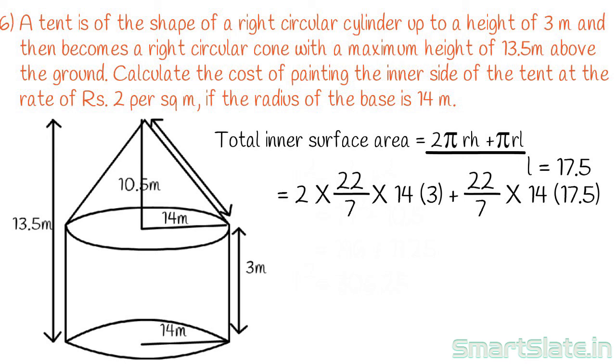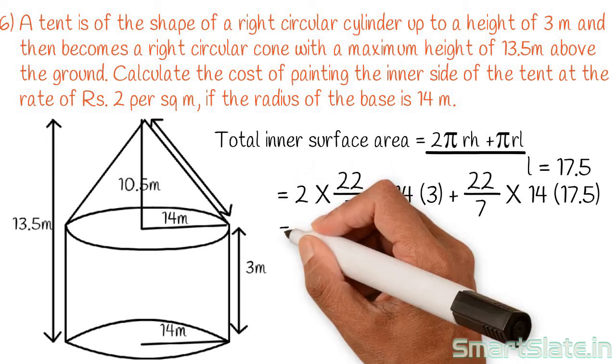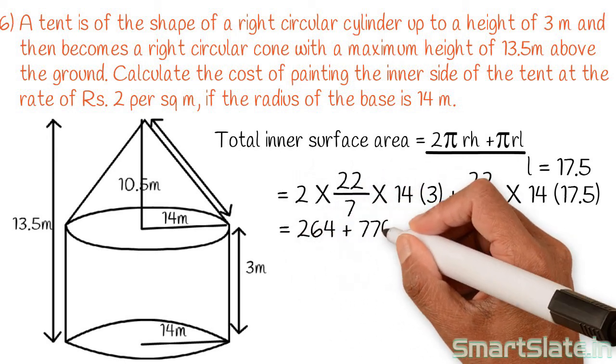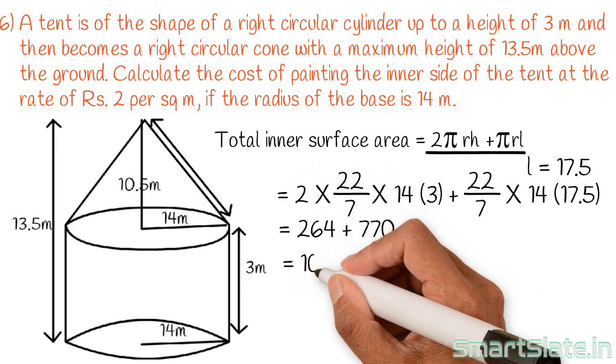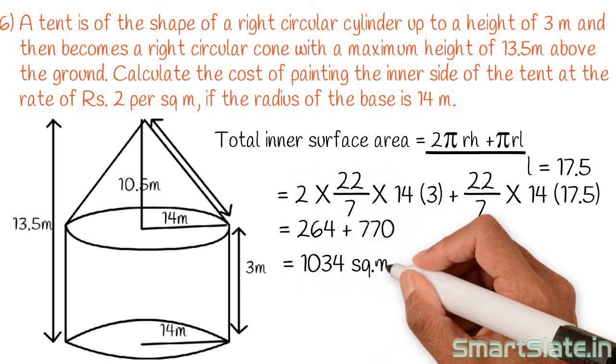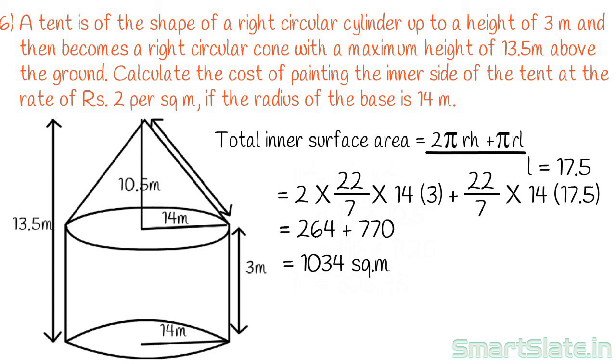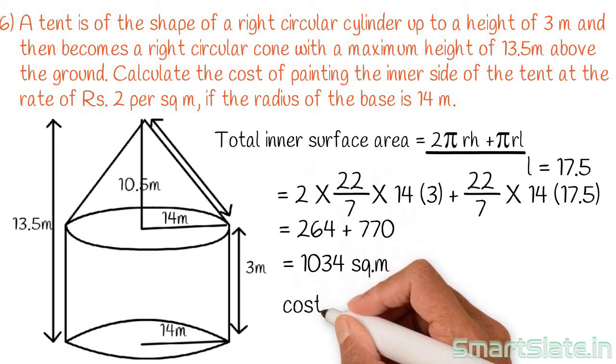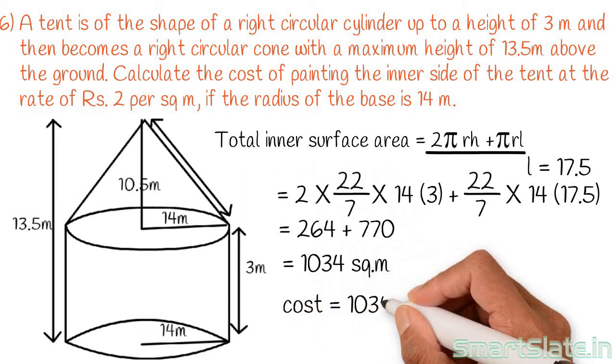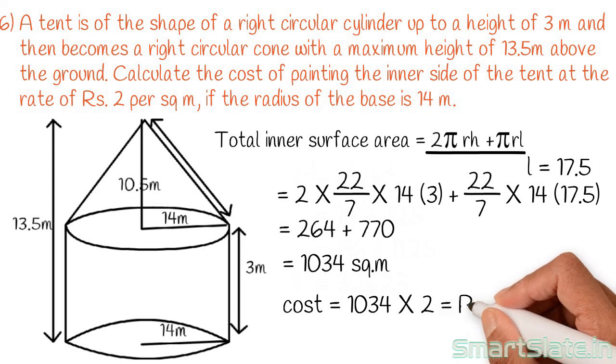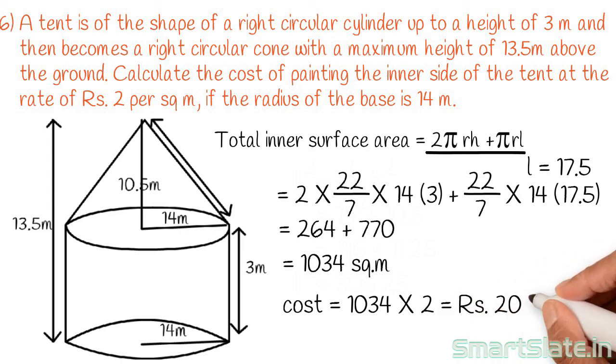After simplification, it is 264 plus 770. It is 1034 square meters. Cost for painting per square meter is 2 rupees, and hence the cost for painting the total inner surface of the tent is 1034 into 2, which is 2068. Hence it costs 2068 rupees to paint the tent.